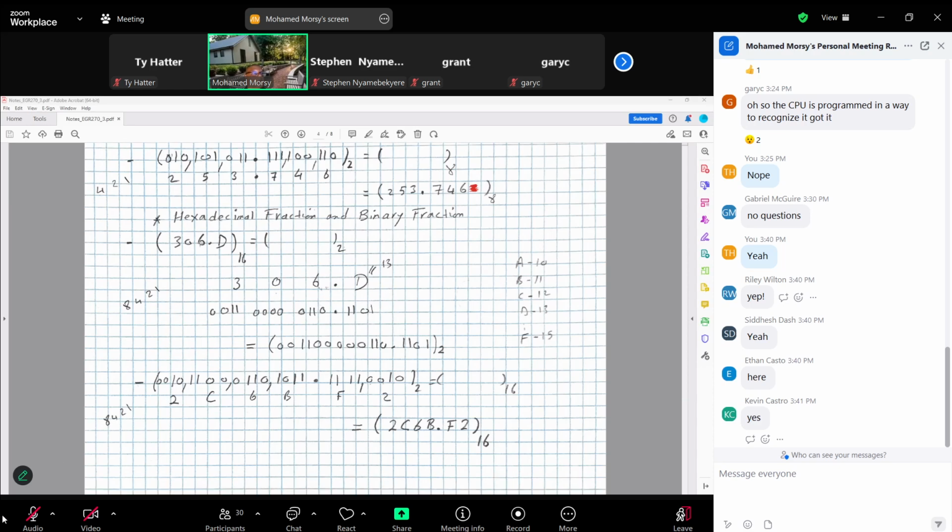Now we'll talk about hexadecimal fraction and the binary fraction. To convert from hexadecimal fraction to binary, we have an example here, 306.D in base 16, because we have hexadecimal here. And we need to know the corresponding binary fraction.